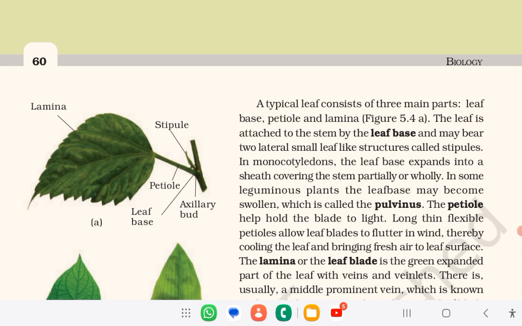The petiole helps hold the blade to light. Long, thin, flexible petioles allow leaf blades to flutter in wind, thereby cooling the leaf and bringing fresh air to the leaf surface. The lamina, or the leaf blade, is the green expanded part of the leaf with veins and veinlets.